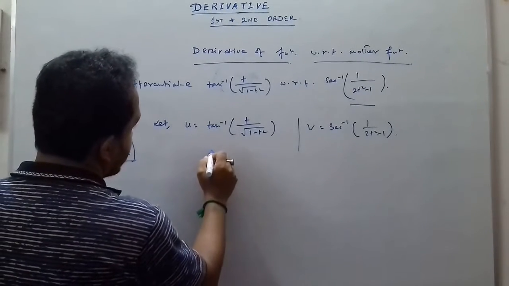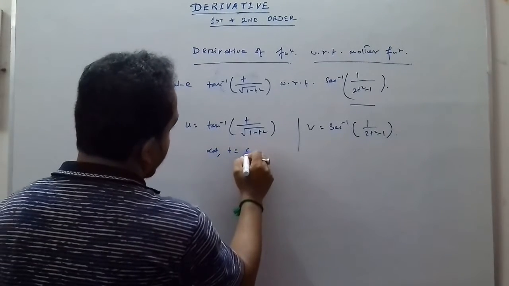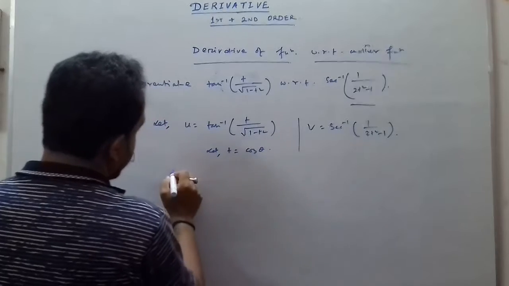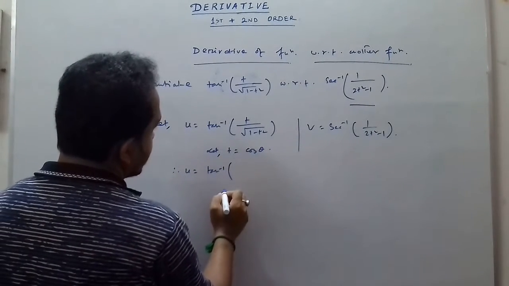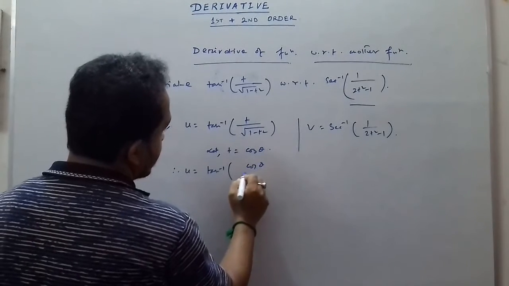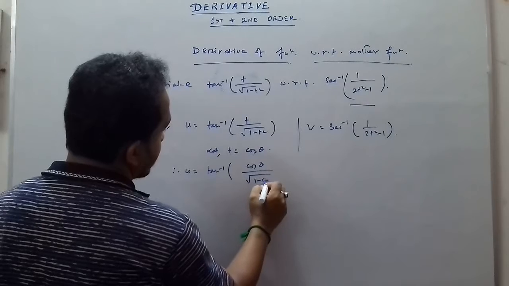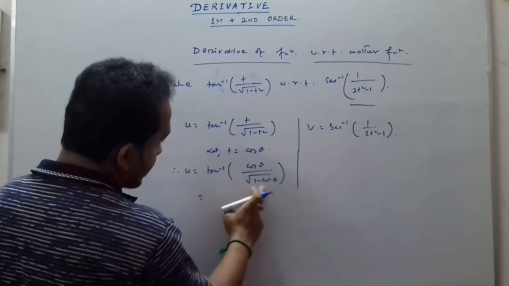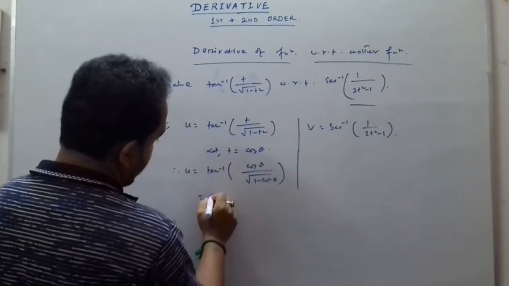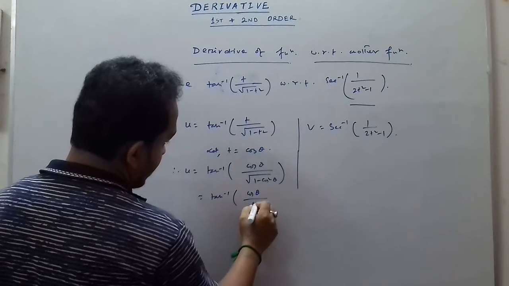Assume that t is equal to cos theta. Then u is equal to tan inverse of cos theta divided by square root of 1 minus cos square theta. As we know, root under 1 minus cos square theta equals sin theta, so here it is equal to cos theta divided by sin theta.